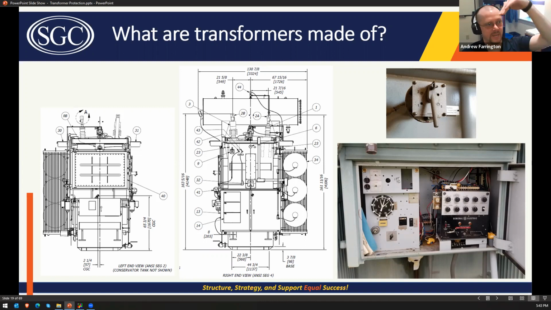If it gets outside that band, it taps it back down and tries to keep that voltage within that band. These may be line drop compensation dials. I'm not really sure. We ended up replacing this LTC controller with a more modern one, but that was what it looked like before.